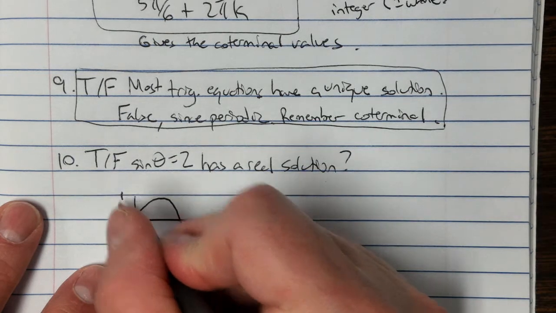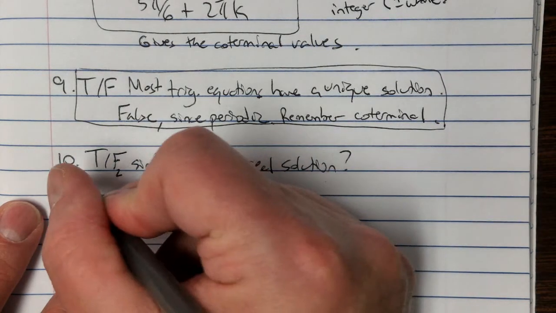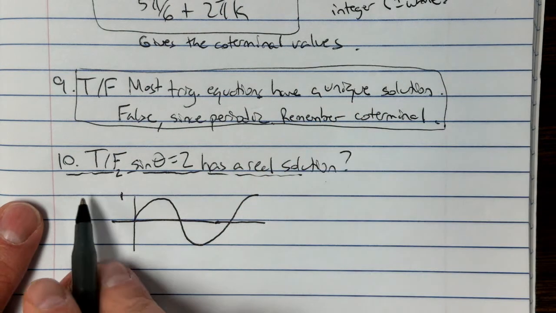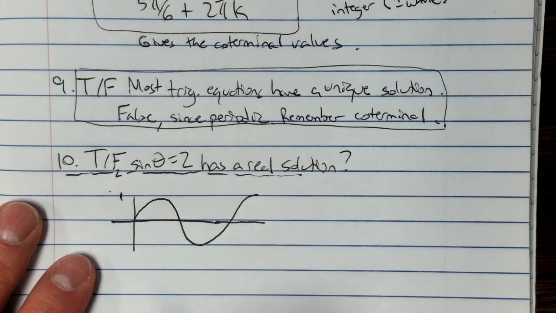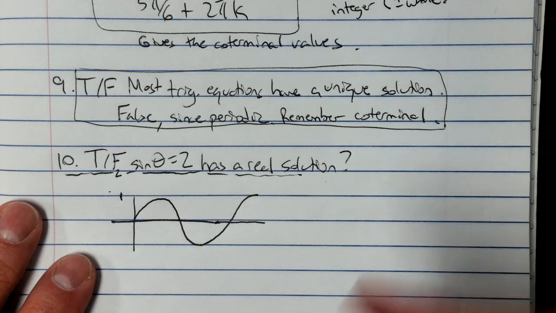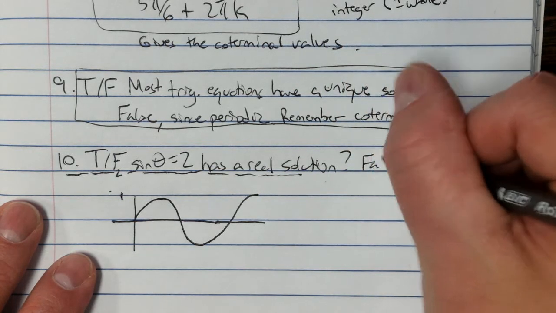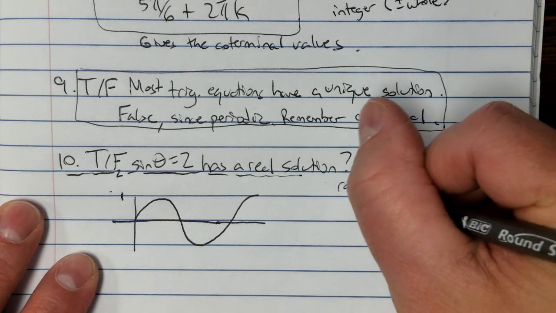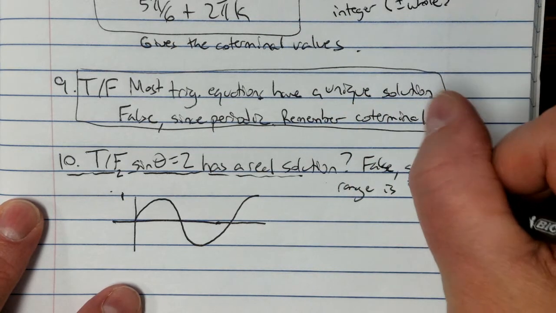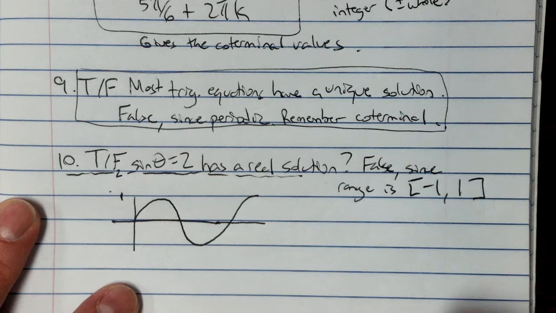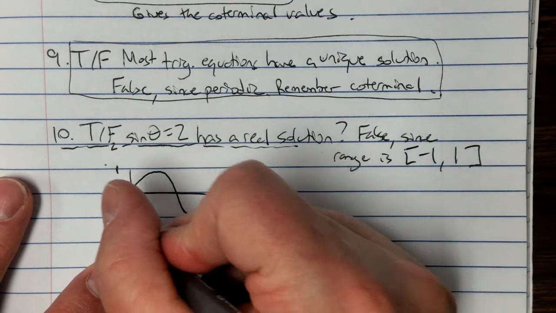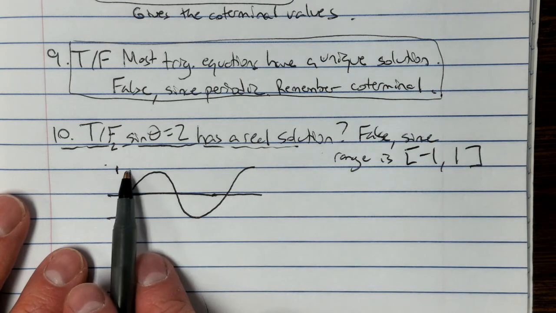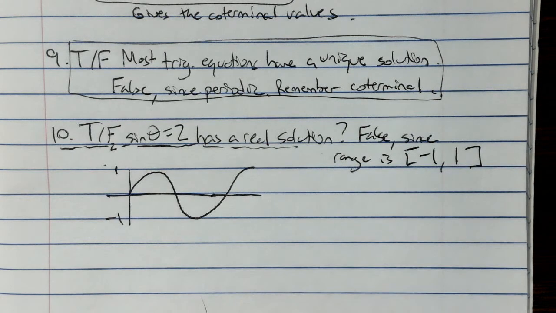And this is where it's 1. And so 2 would be up here. And so it doesn't cross. And so it'd be false, since the range is -1 to 1. So we're only going from -1 to 1, so it wouldn't have a real solution.